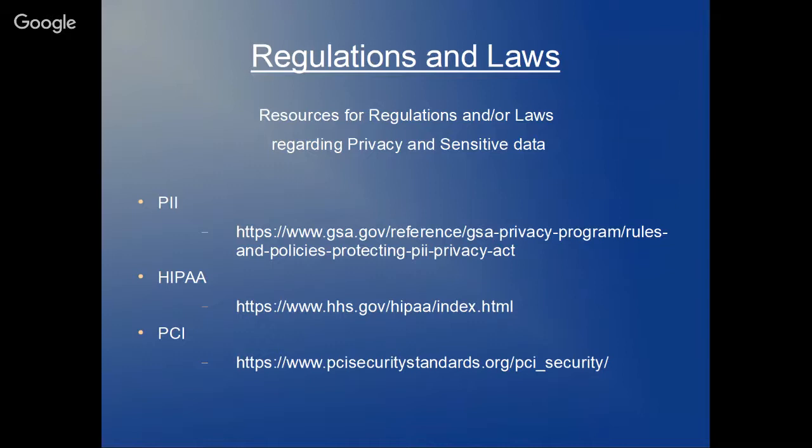HIPAA, PCI Security, these are great places to go that we should all research just so that we have an understanding, whether it's from a database perspective or middle tier or front end. Realistically, QA should be aware of this. The folks just doing the design should be aware of any of this, of just triggers to know, okay, wait, I'm seeing information. Now I have to make sure all my bases are covered.